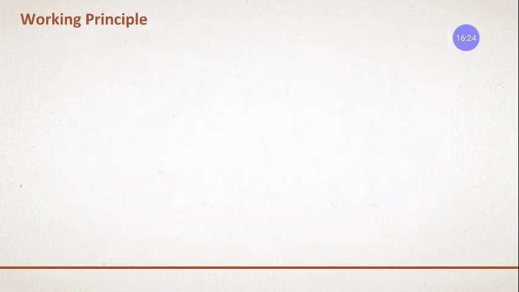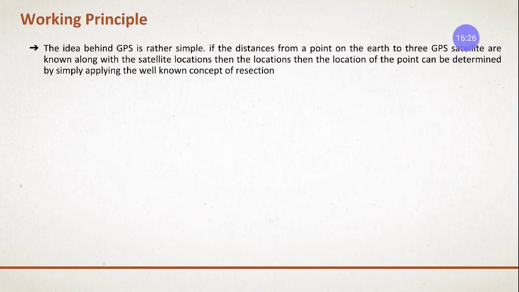Working principle of GPS. The idea behind GPS is rather simple. If the distances from a point on the Earth to 3 GPS satellites are known along with the satellite locations, then the location of the point can be determined by simply applying the concept of resection.